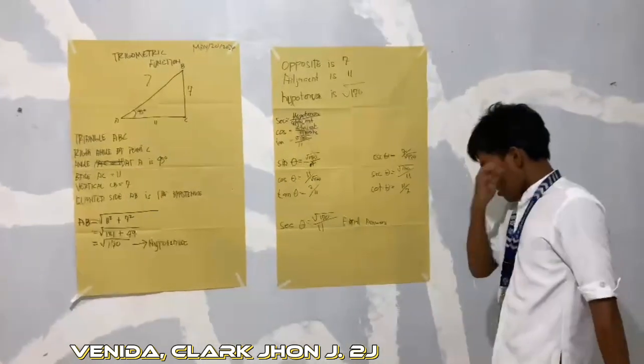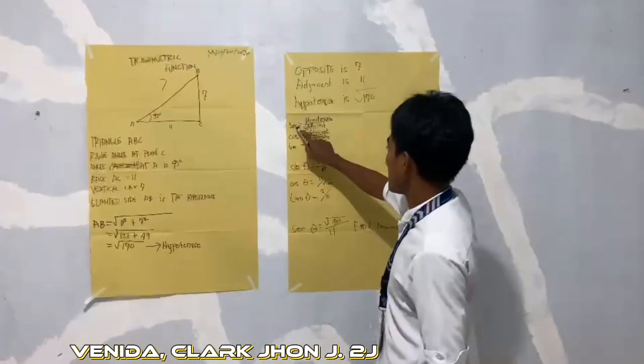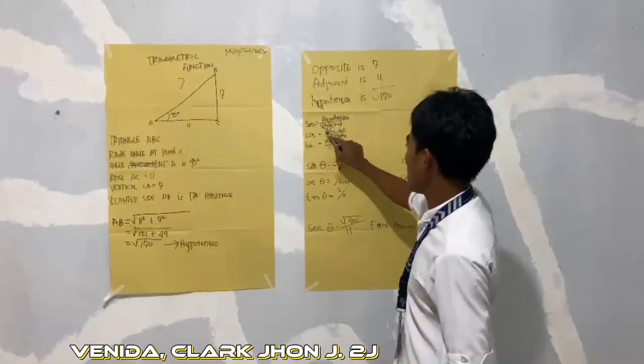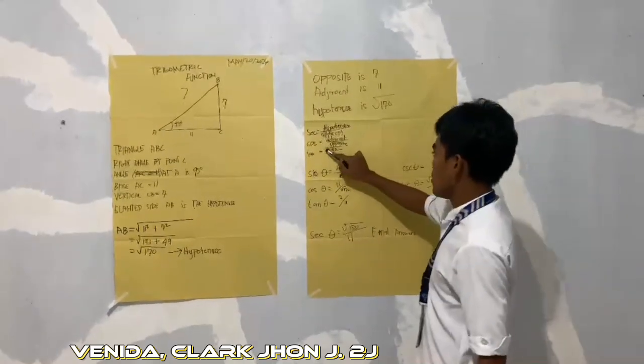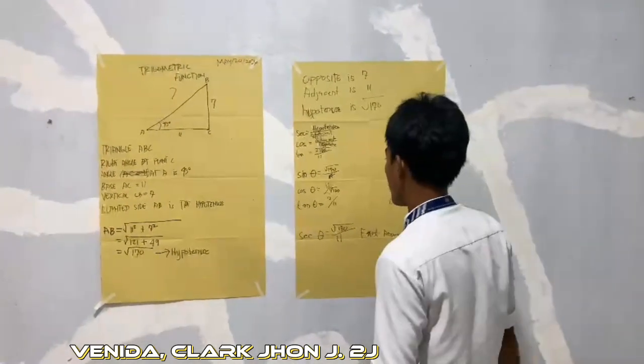So go to the secant. Secant is hypotenuse over adjacent, so it is square root 170 over 11.